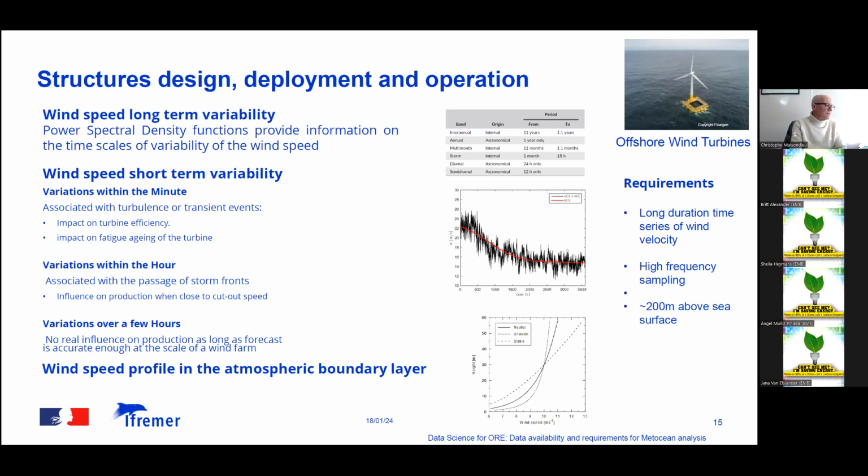We will have to assess also the evolution of the wind profiles in the boundary layer. So if we take all this into account, we see that the requirements for wind data are long duration time series of wind velocity, intensity and direction. This is to assess all the variation within minutes, but also long-term to build long-term statistics.